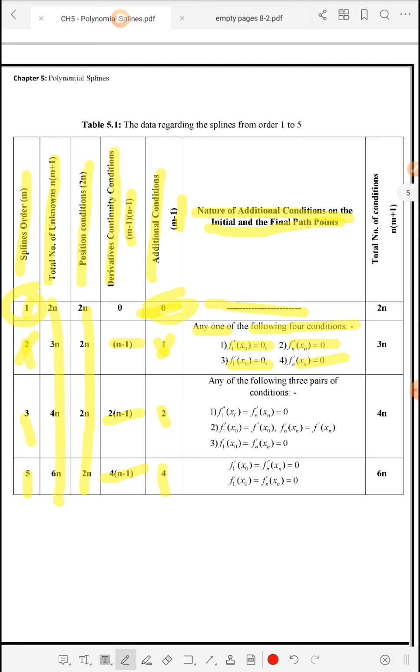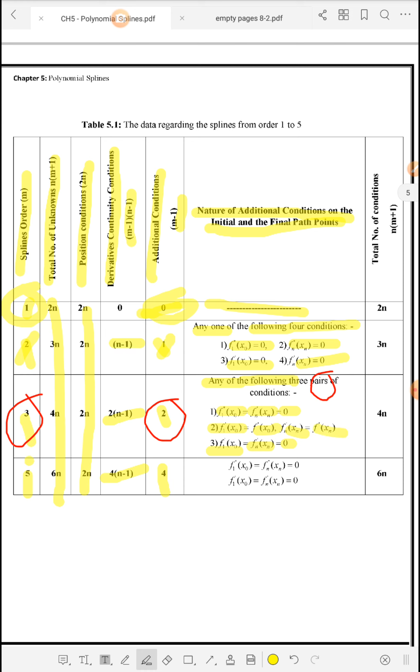But in the case of the third order spline, we add 2 conditions. So here it's written any of the following 3 pairs. This means that we can add 2 conditions simultaneously. So what are the pairs of conditions? The second derivative at x naught is equal to the second derivative at xn, which is equal to 0, or the first derivative at x naught is equal to the first derivative at xn, which is equal to 0, or we can specify generally that the first derivative at x naught is equal to any specified non-zero value, and the first derivative at xn is also any specified value that we require.